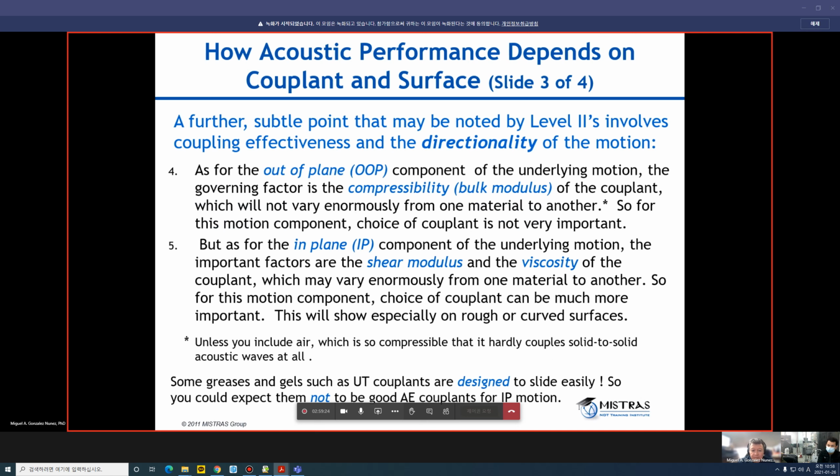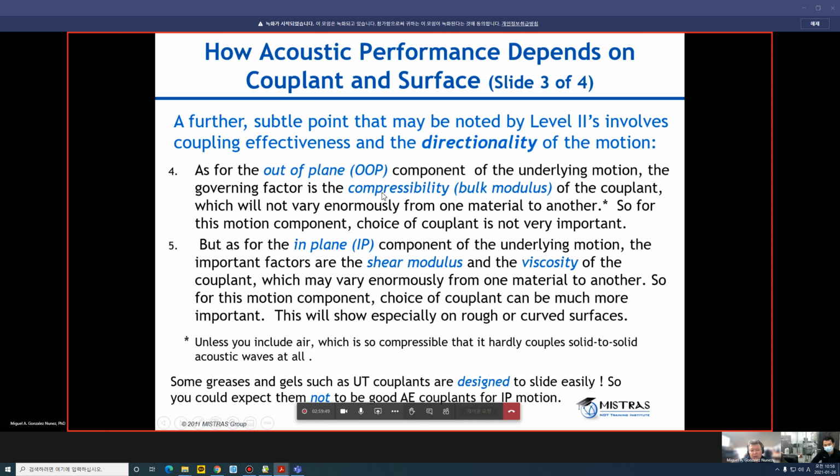Now, this is more in-depth information. The mechanical movement or the acoustic emission, how they travel inside the material, we have out-of-plane movement or component by the underlying motion, and the governing factor in the material is the compressibility of the coupler, which will not vary normally from one material to another.